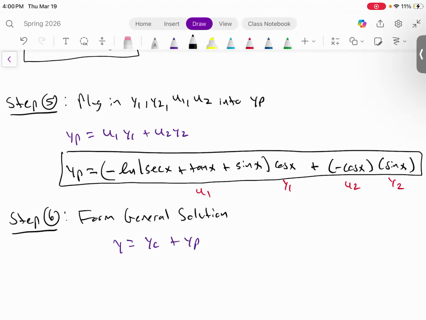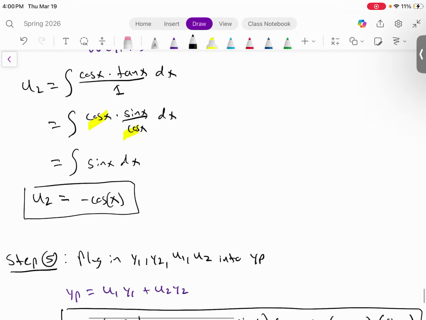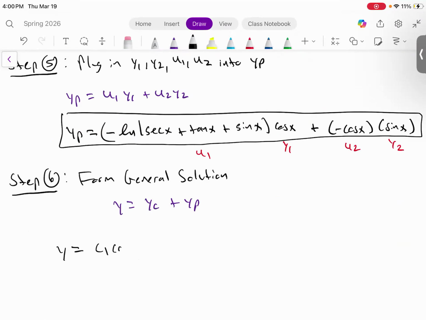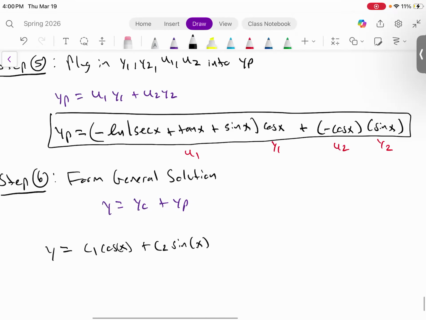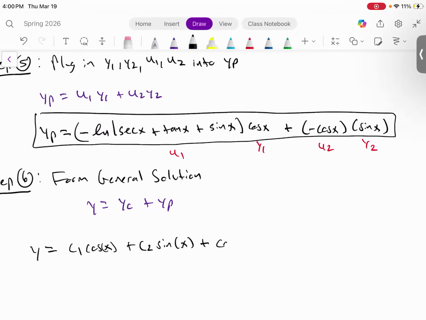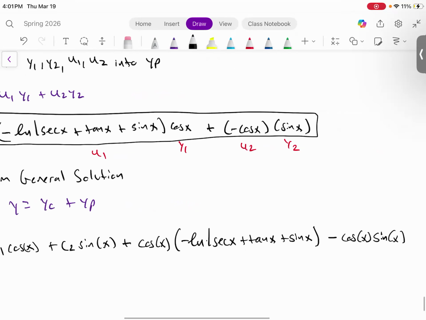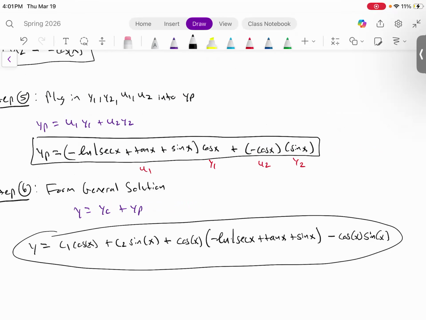And so my general solution, coming up and grabbing my particular all the way up here, would be C1 cosine x plus C2 sine of x plus, I'm going to write it like this, cosine of x times negative natural log secant x plus tangent x plus sine x, minus cosine x sine x. Okay, and that is my general solution.